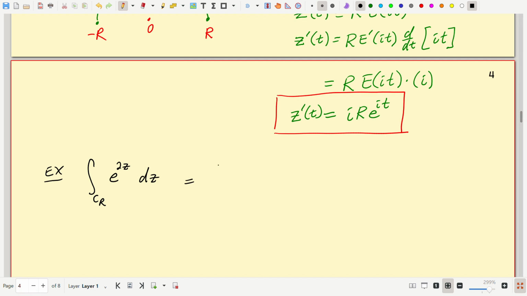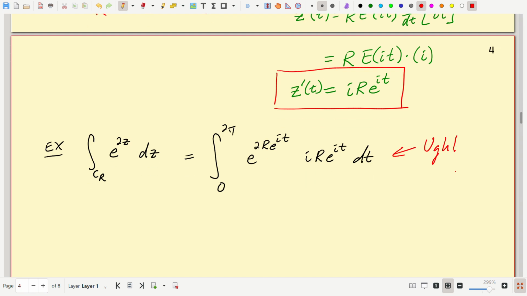That would be the integral from 0 to pi of e to the 2 r e to the it, and then dz would be i r e to the it dt. And last time I demonstrated how ugly that is. I could write it out in all its gory detail and contemplate splitting it into real and imaginary parts.